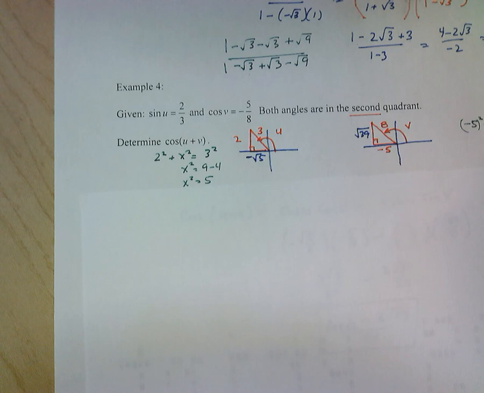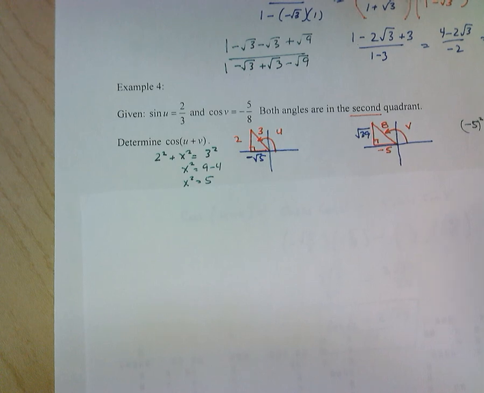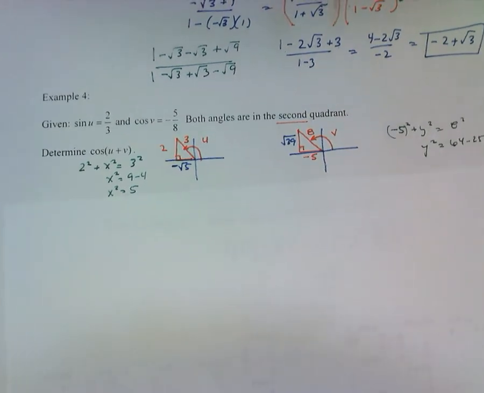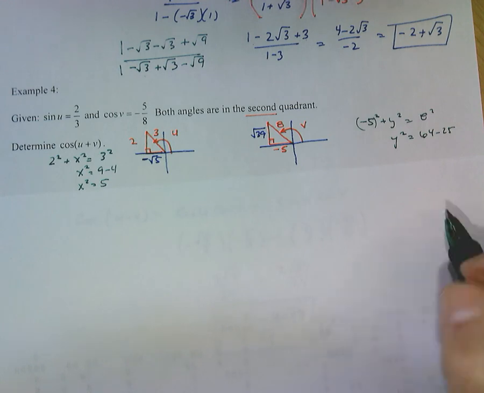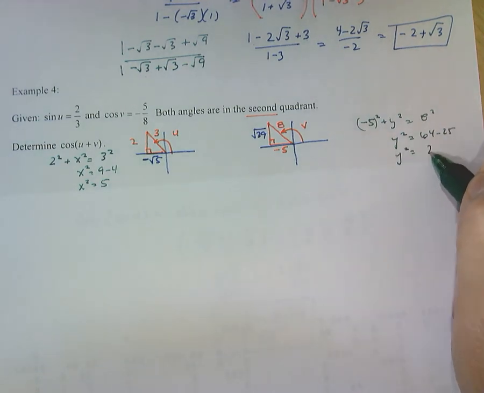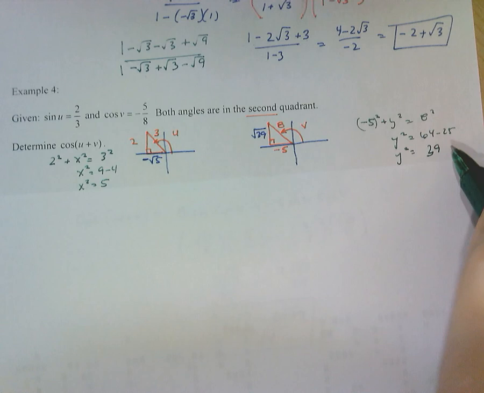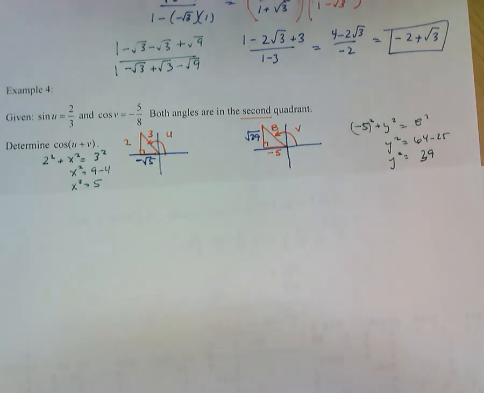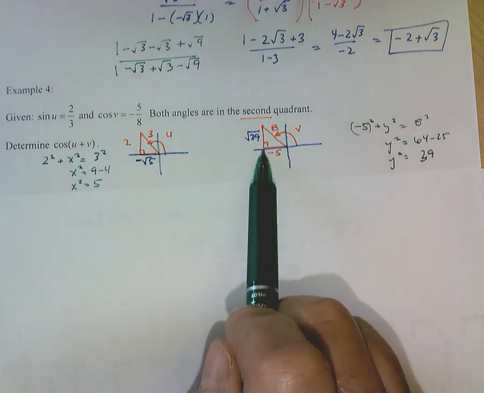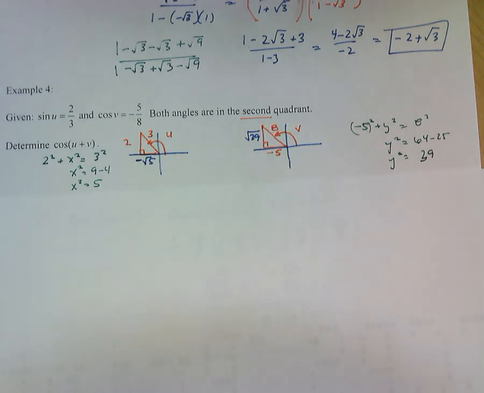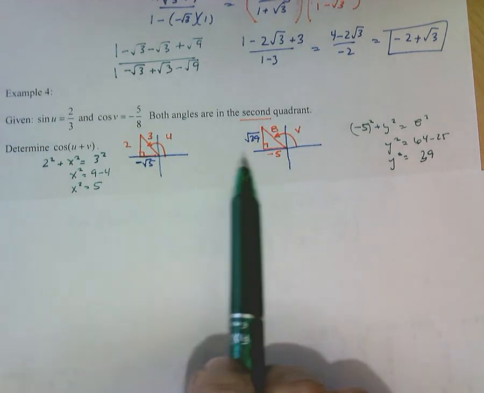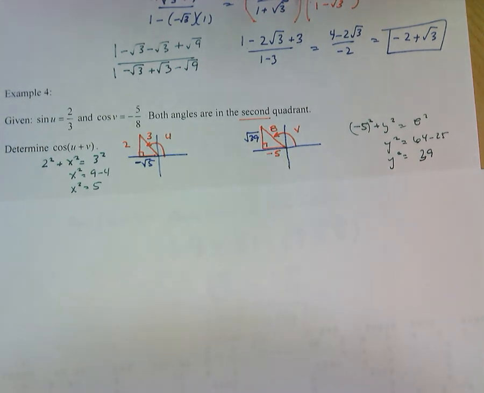So y squared is equal to 64 minus 25. So y squared is equal to 39. And then it's plus or minus the square root of 39. But since I'm moving up, it's a positive. Once you set that up, if you're careful and you set this up correctly, the rest is easy.